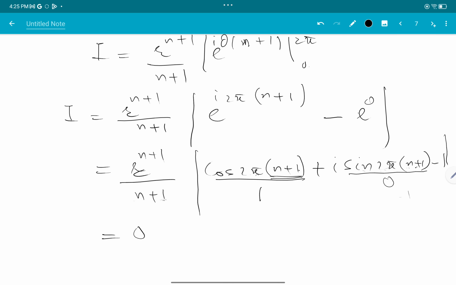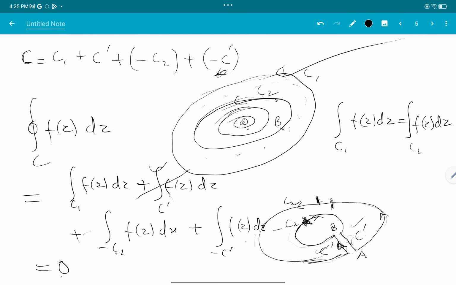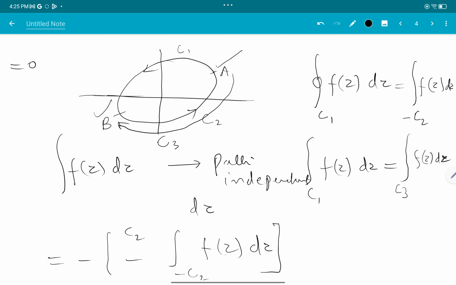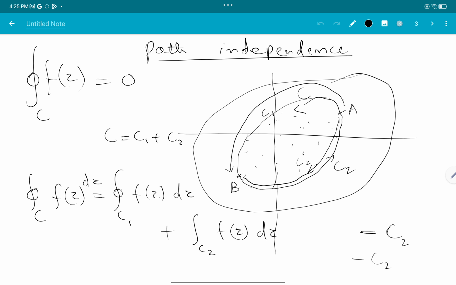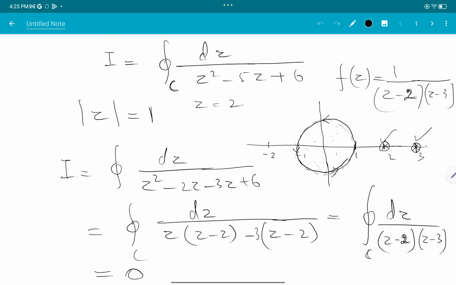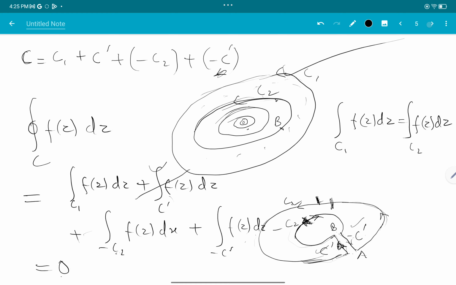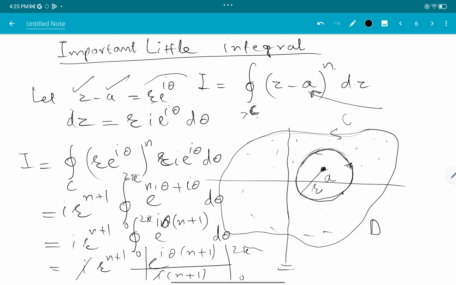You need not bother about this integral if n is not minus 1. For example, in our previous example, I had shown you this. Perhaps I did show it, I don't remember exactly whether I showed it or not. Now let's go back, when I talked about this integral, and I said n is equal to, for example, minus 2.